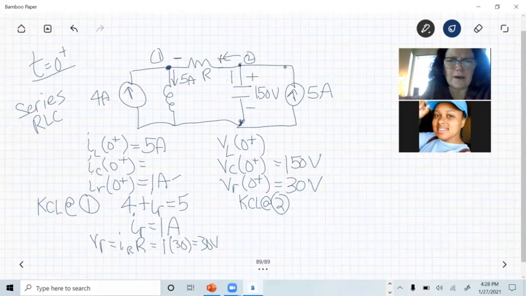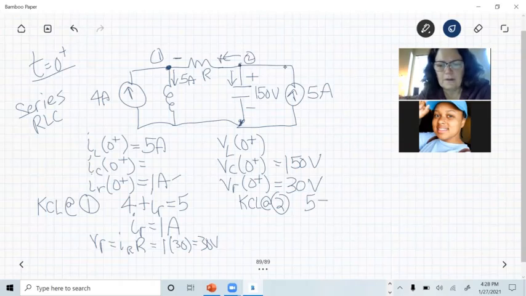The current through the capacitor will be going this way. Passive sign convention goes into the positive. So going into the node, I have 5. And going out of the node, I have IR, which is 1, plus IC. So we can get IC. IC is 4.